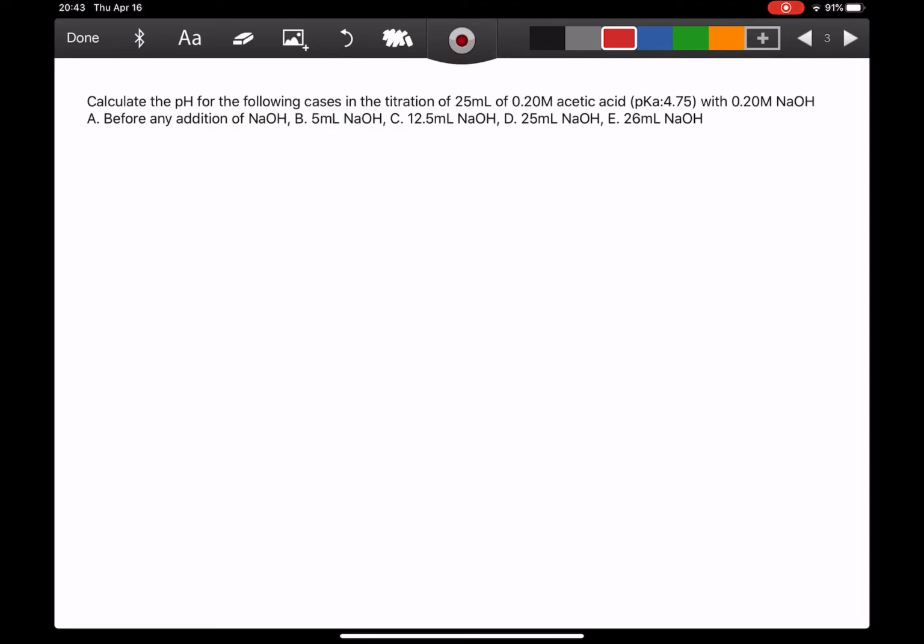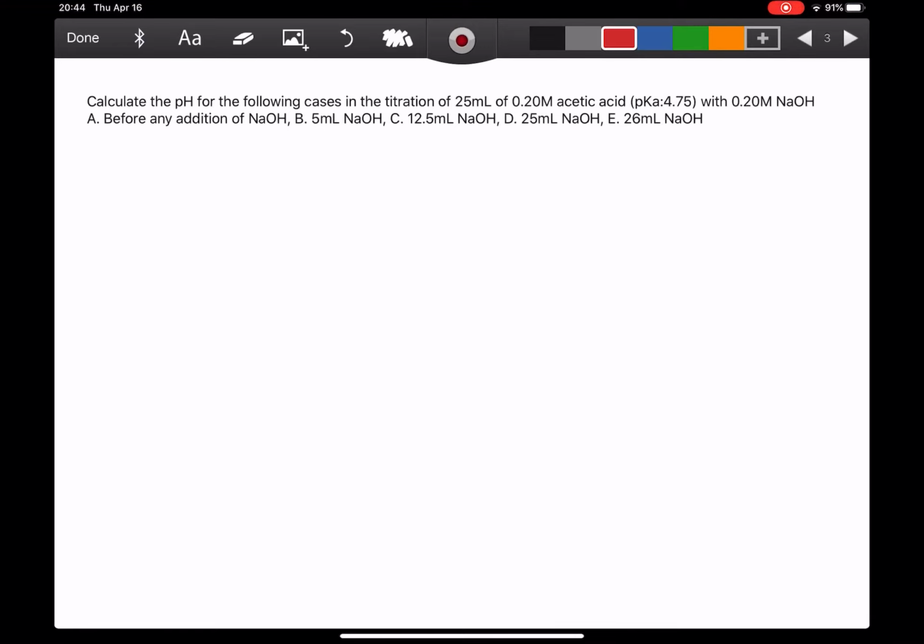Part E is easy. So 25 milliliters of NaOH has gone into the solution so far and used up all the acetic acid, which means there's going to be 1 milliliter of 0.2 molar NaOH left. So because it's a strong base, we're just going to use the pOH to find the pH in this case.